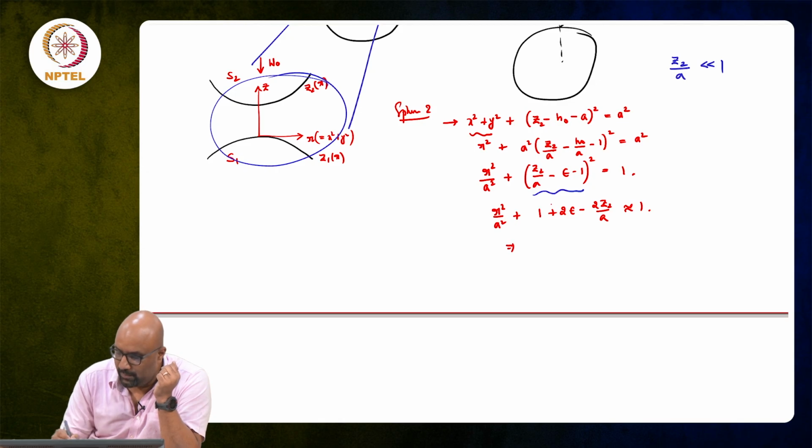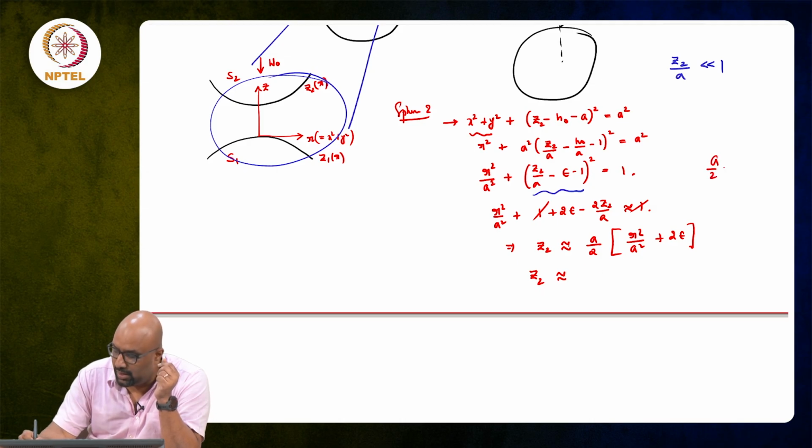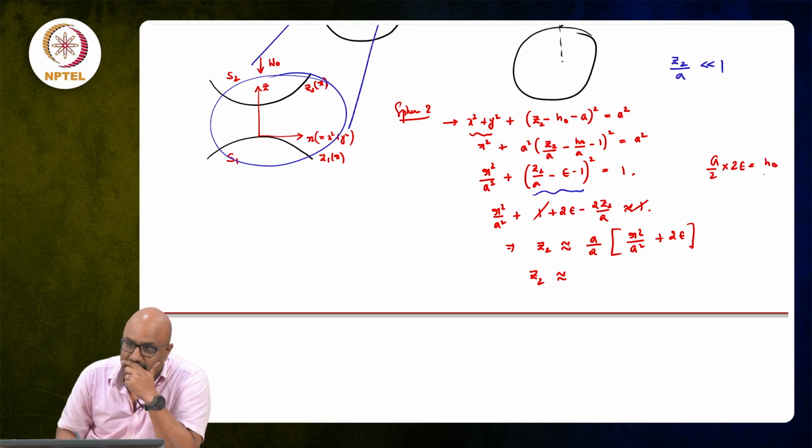So, I have Z2 is equal to A by 2 R square by A square plus 2 epsilon. Again, this is approximately. So, Z2 is approximately A by 2 into 2 epsilon is H naught, right.